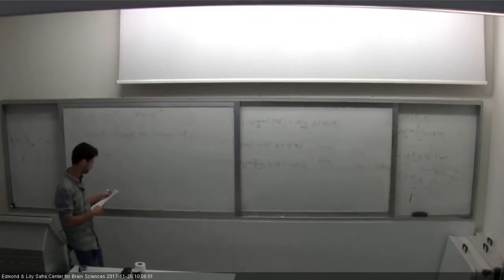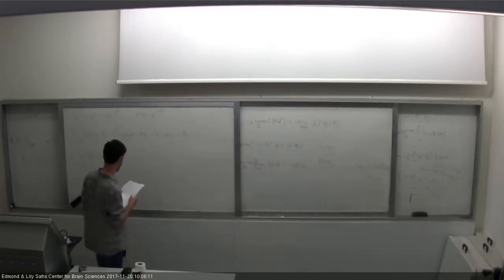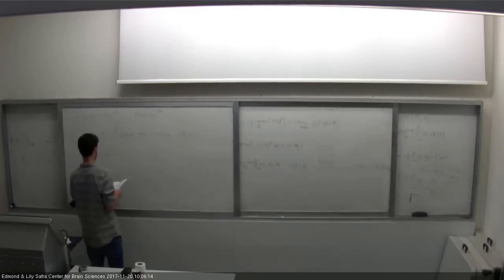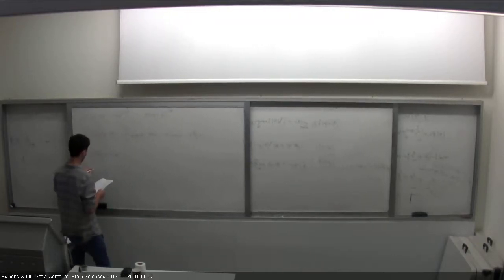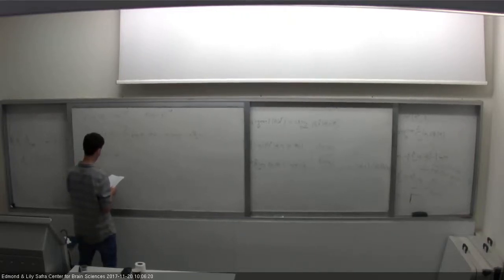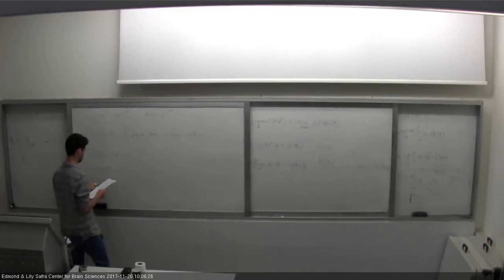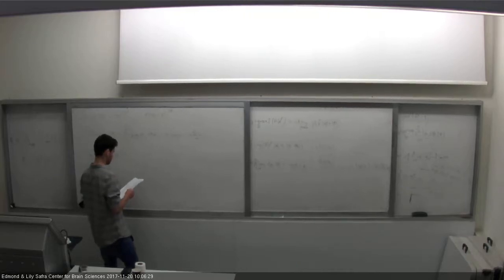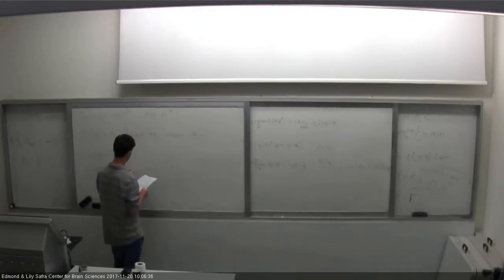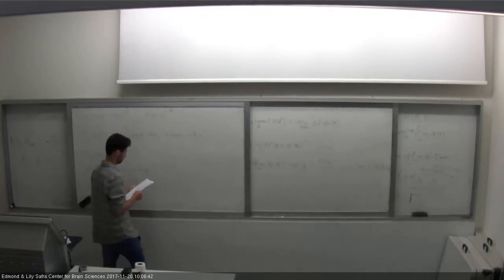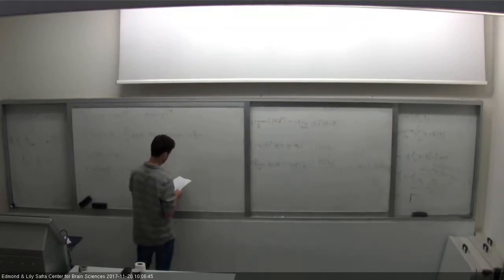Okay, and if we differentiate with respect to theta and compare it to 0, we get that the derivative of the log of f of theta given xn with respect to theta is equal to the derivative of log of xn given theta plus the derivative of log of the prior.